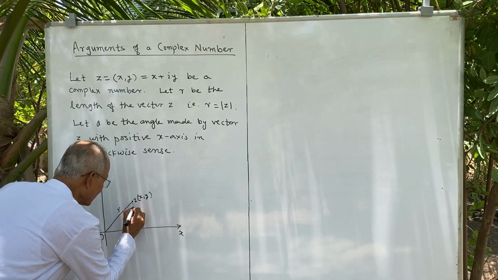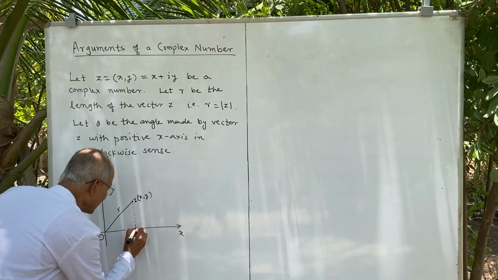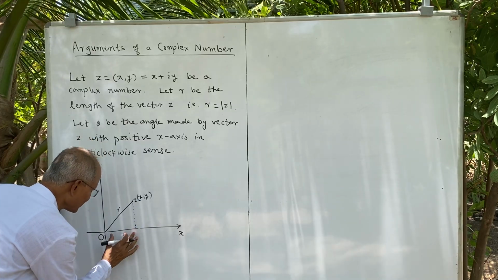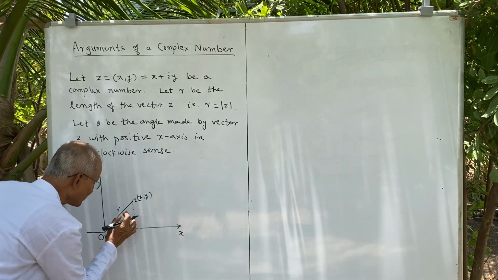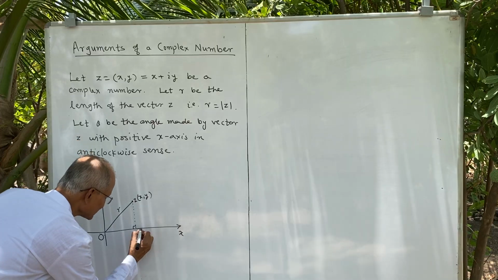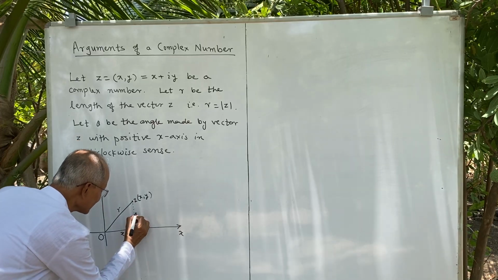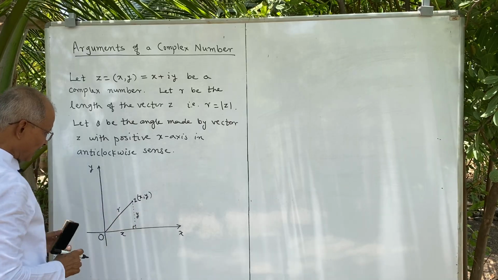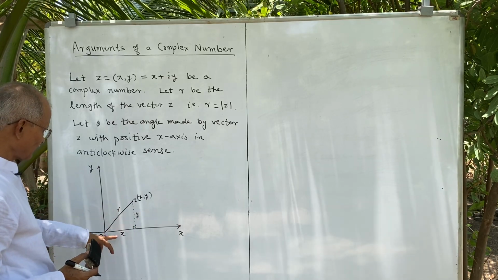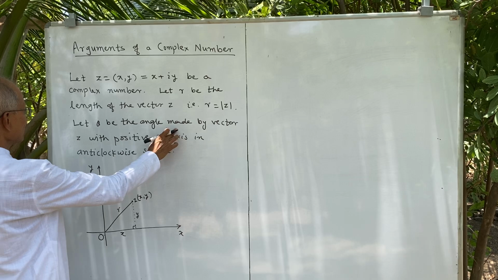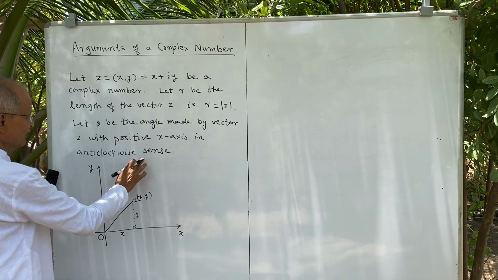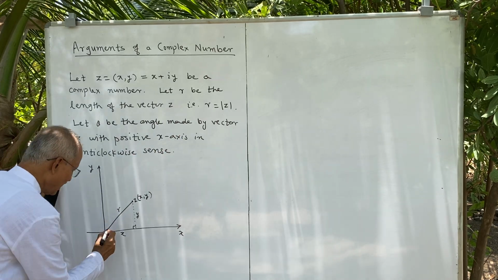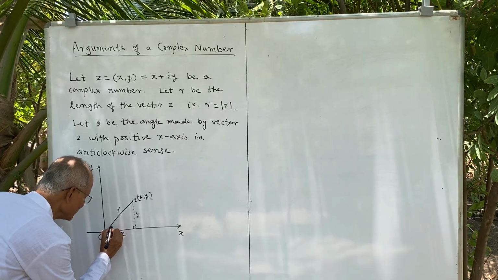And now the rectangular coordinates of z are (x, y). So if we draw a perpendicular from z on the positive x-axis, then this distance is x and this length is y. And theta is the angle made by vector z with positive x-axis in anti-clockwise sense, so this angle is theta.